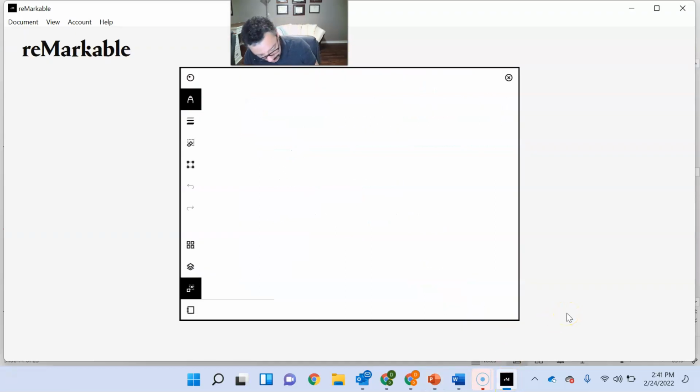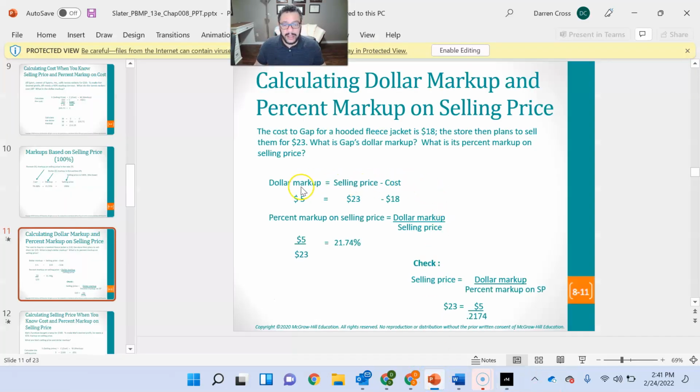So if we say S equals cost plus markup, right? And then we say, what do they say? All right, so the selling price is $23, the cost is $18, and the markup is $5. And they want to know the dollar markup.